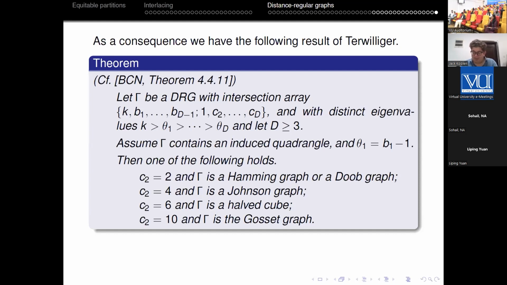Then we have the same parameters as the twisted Grassmann graphs, and nobody knows whether there are other distance-regular graphs with these same parameters. This is a very big open problem. For the bilinear forms graphs, quite a bit is done, but not completely. There's still a lot of work to be done for the bilinear forms graphs.